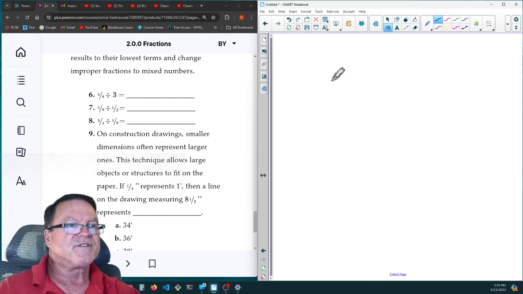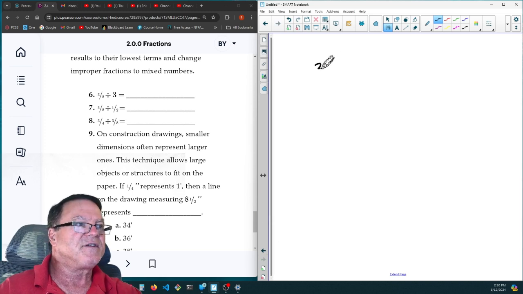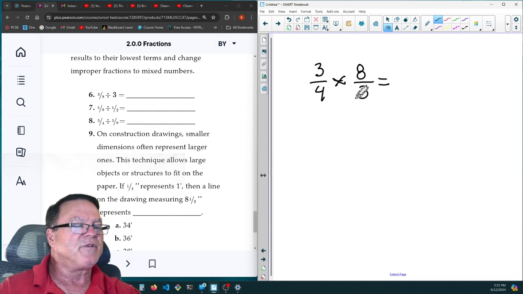And here, 3/4 divided by 3/8. 3 over 4 divided by 3/8. I'm going to say times 8 over 3. I'm going to change my symbol to multiplication, and I'm going to invert the divisor. So now I can cross cancel. I can say 4 goes into 8 twice, so this 4 is a 1 and this 8 is a 2.